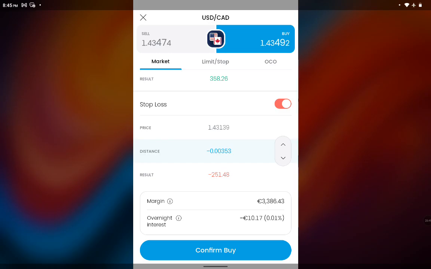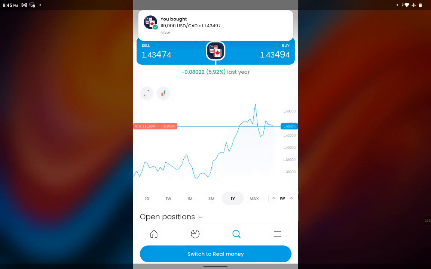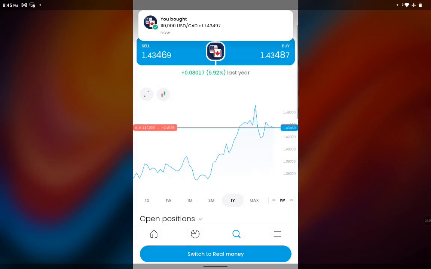So we lose 251 and we can gain 358, so approximately 360. So confirm then. That's a good entry, I believe.